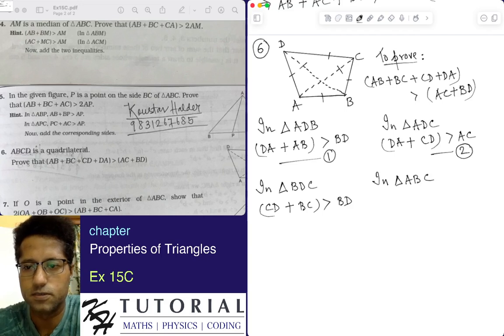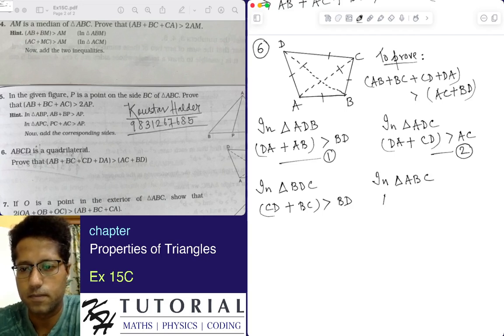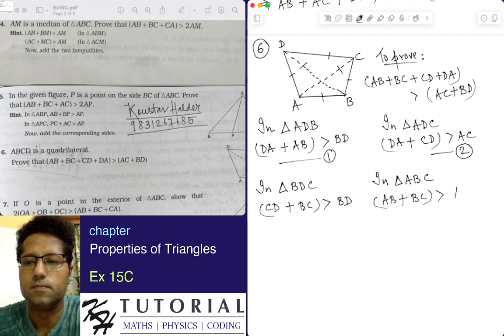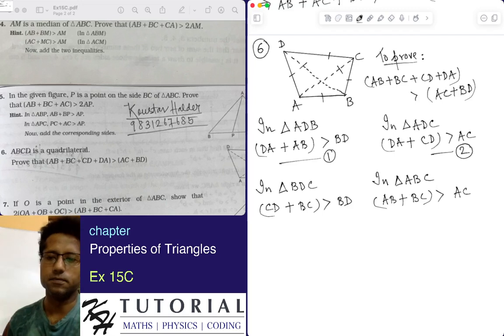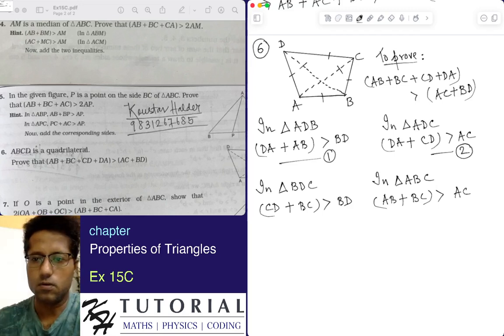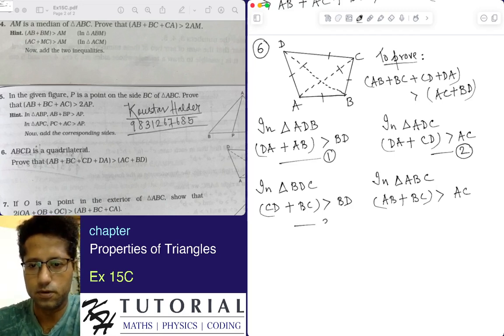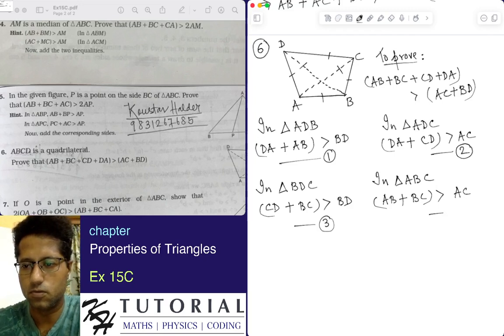From triangle ABC, AB plus BC is greater than AC. Let this be inequality 3, let this be inequality 4.